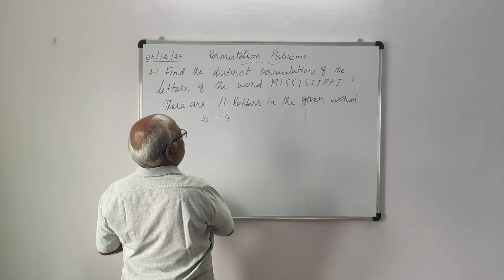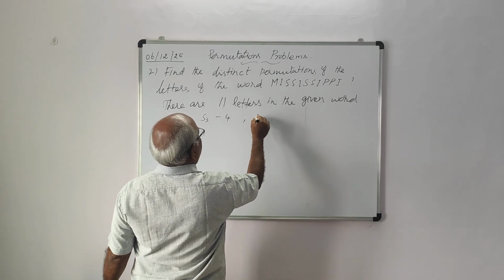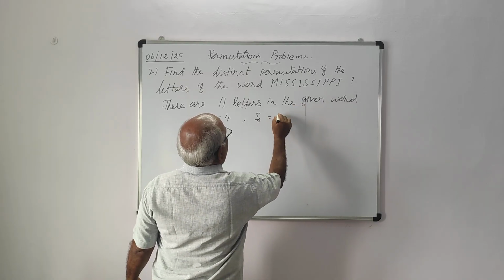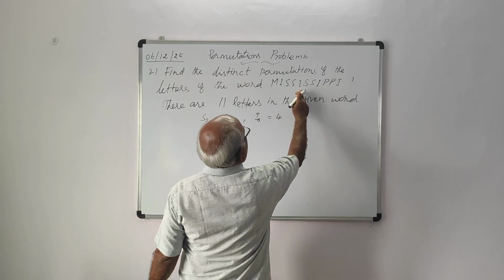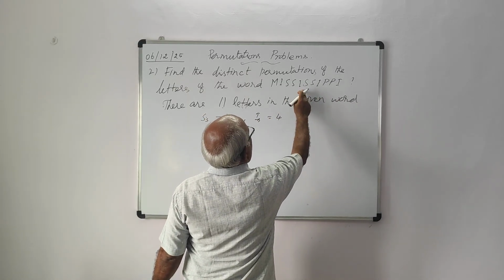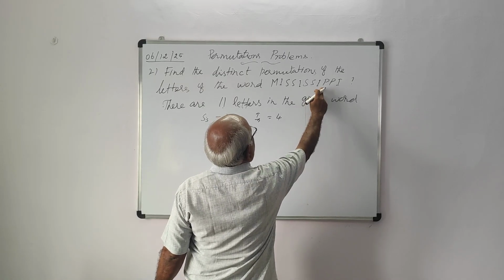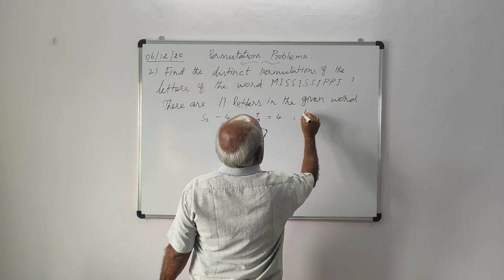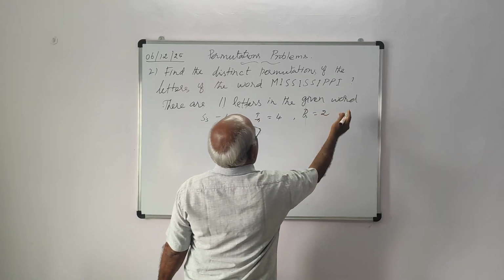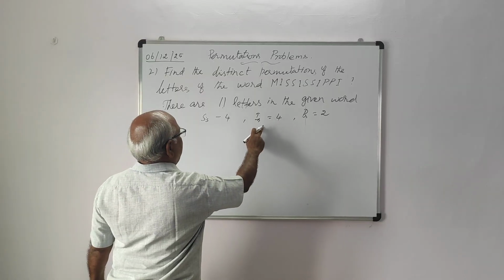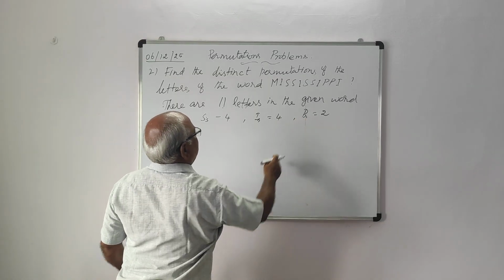How many S's? 4. I is 4, 1, 2, 3, 4. I 4, S 4. P is only 2. So S 4, I 4, P 2.